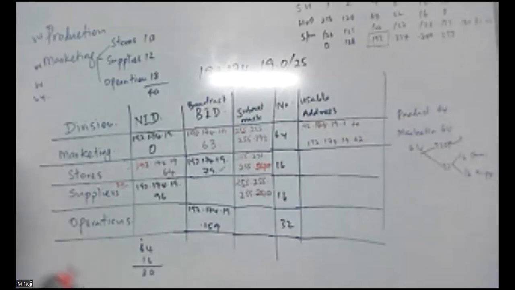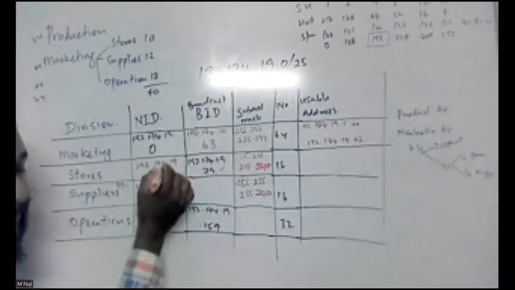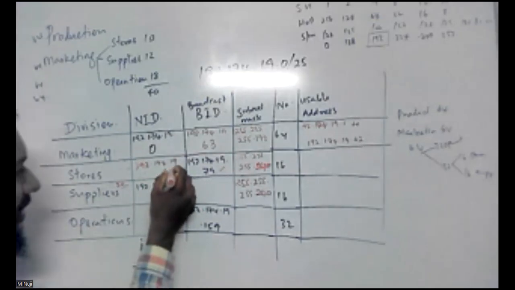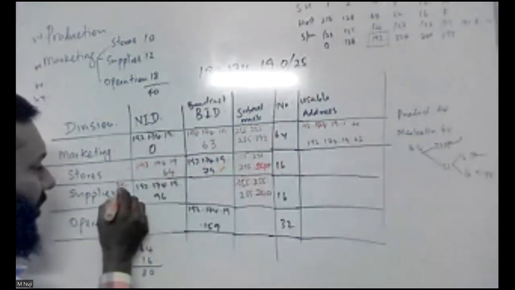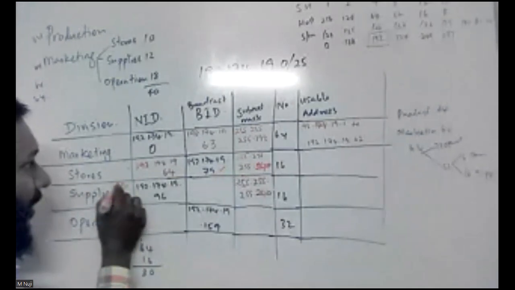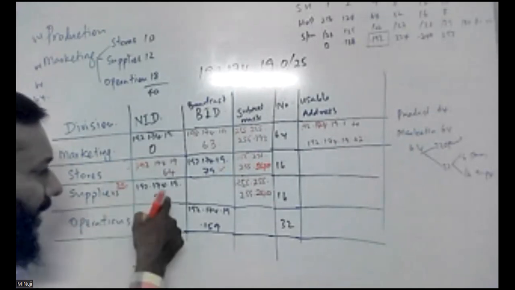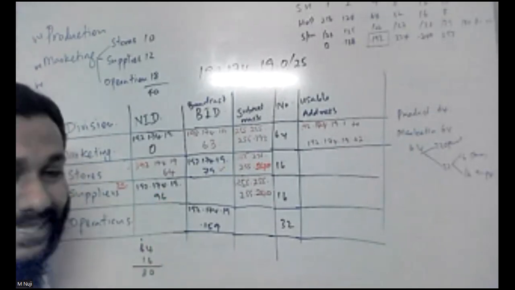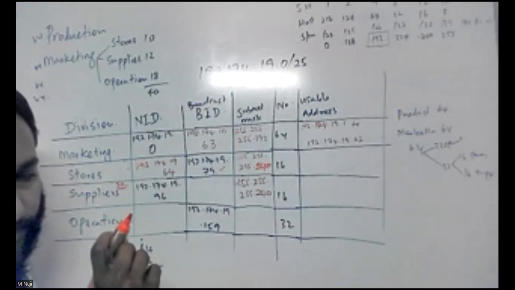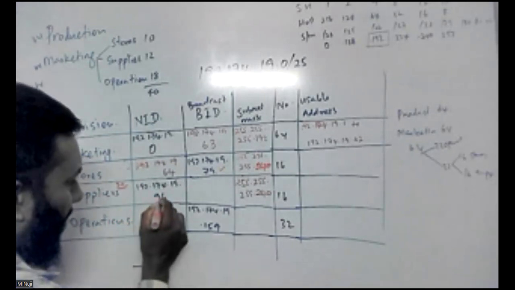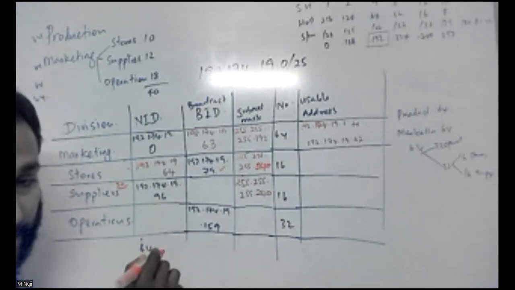But here the problem is that most of the students have some confusion. When you add 64 plus 16, your number is 80. Look at this carefully. Your number is 80, but in here the number says 96.